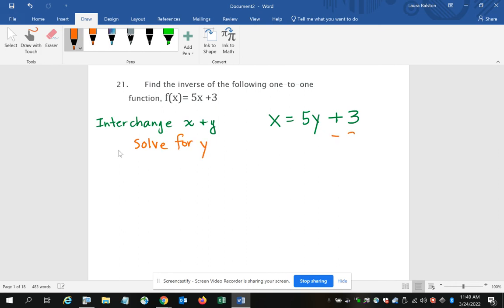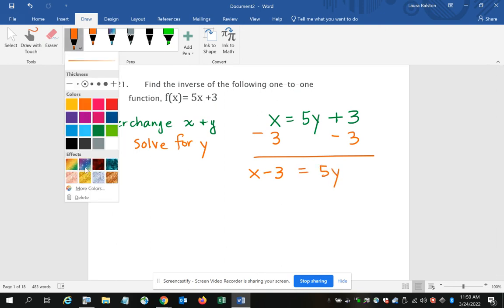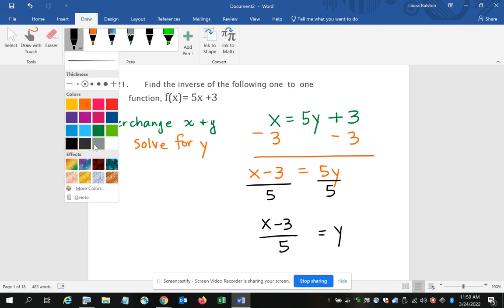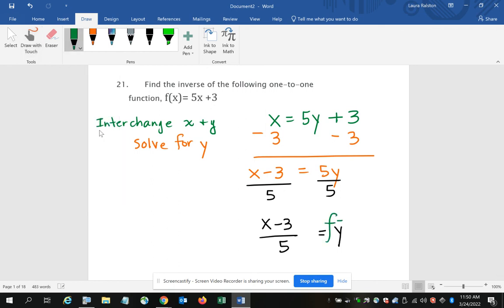So initially I'm going to subtract 3 from both sides. x minus 3 equals 5y. My goal being to get the y by itself. I'm then going to divide by 5, divide by 5. So y equals (x minus 3) divided by 5, which represents f inverse.